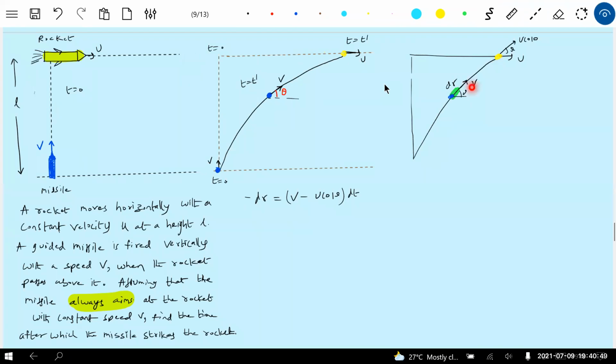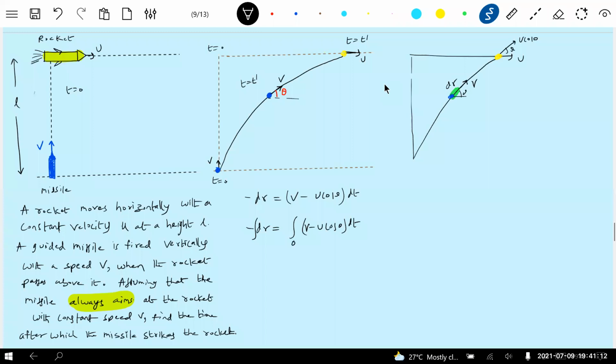Then the components of velocities along the path. Velocity of the missile will be along the path. That of the rocket, the horizontal velocity along the path, will be U cos theta at a given instant of time. This will integrate minus dr bar, which will be U cos theta into dt.